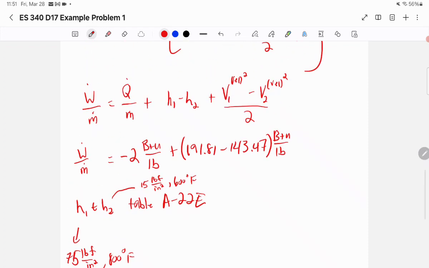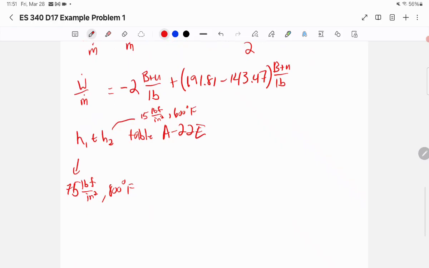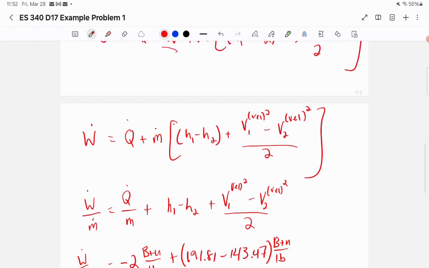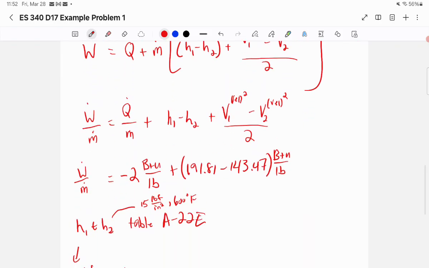Okay, so that's also in BTU per pound. However, of course, as usual, we run into the problem when we do have, say, the velocities, where we have to do some kind of conversion in order to get the proper unit.